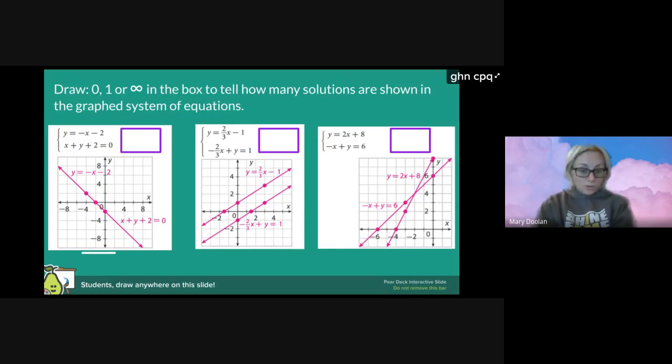It's done for you. The pink lines are graphed for you. But what does each of those mean? I want you to tell me which one of those pictures means there are 0 solutions, which one means there is one solution, and which one tells me there are an infinite amount of solutions.